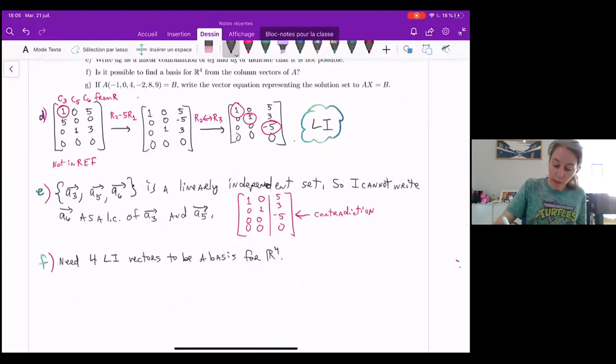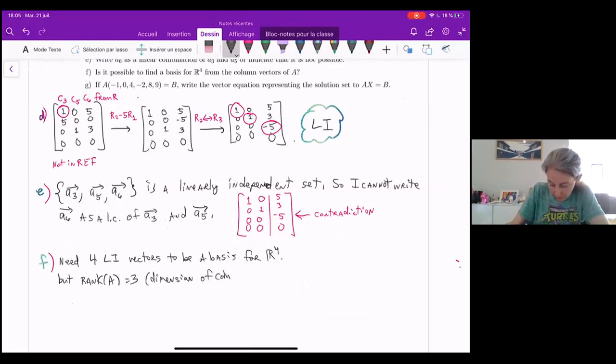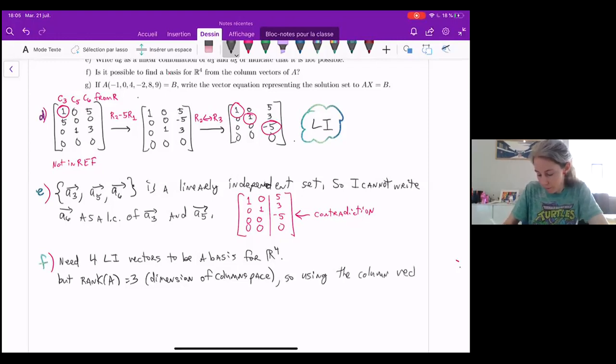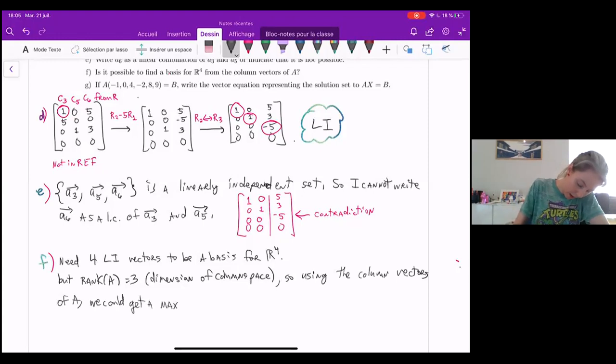So we need 4 linearly independent vectors to be a basis for R4, but rank of A is equal to 3, the dimension of the column space. So using the column vectors of A, we could get a max of 4 pivots.